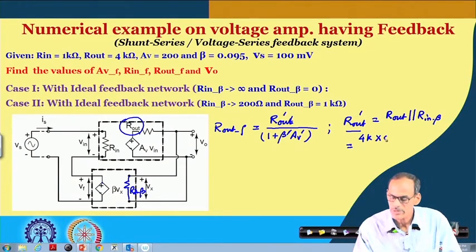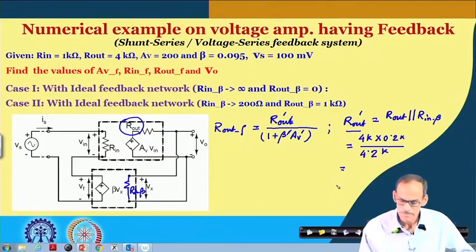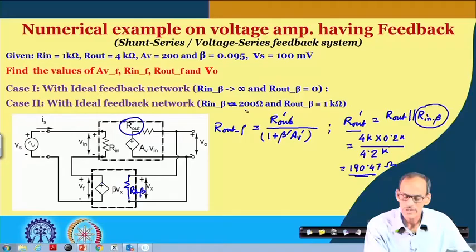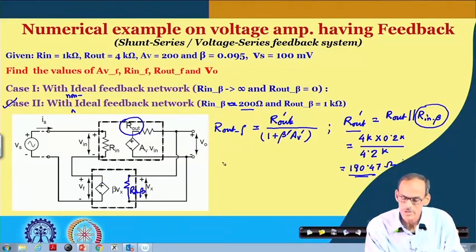So, this is 4 k multiplied by 0.2 k divided by 4.2 k, right. Again for this I have some calculation for you: it was 190.47 ohms only. As you can see, this resistance is quite small, so that is dominating.